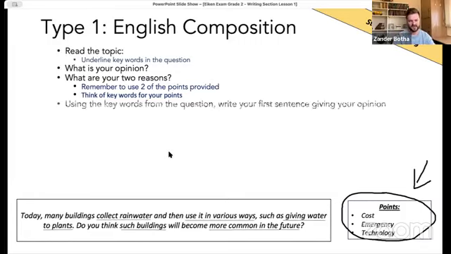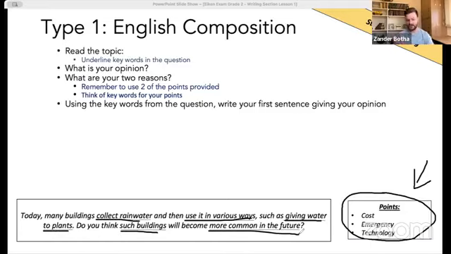Once you've done that, you want to use the keywords from the question. Remember the ones that we underlined here and here and here and here and here and finally over here. We want to use those keywords to write our first sentence where we give our opinion. All right.